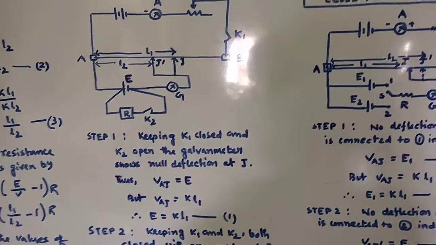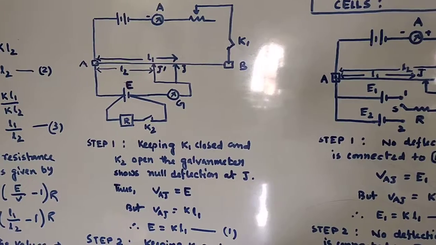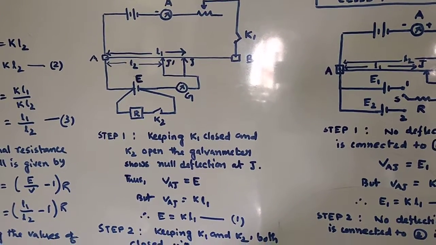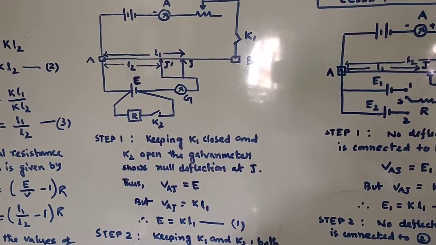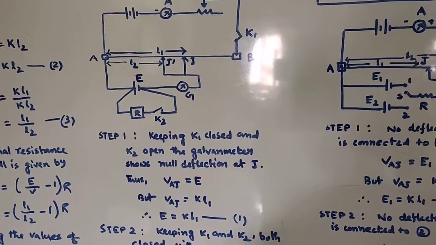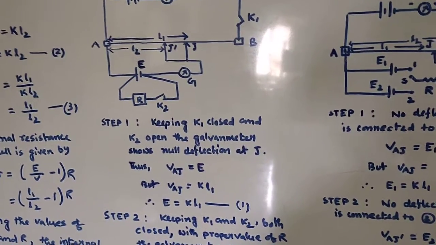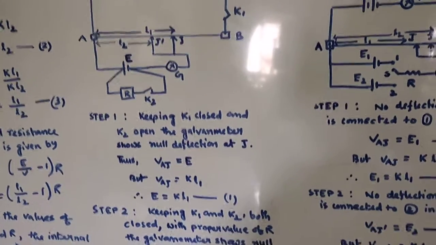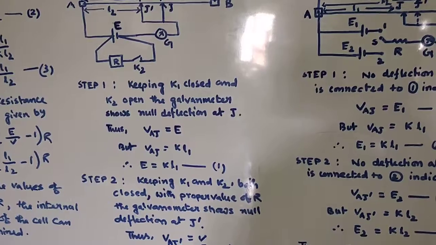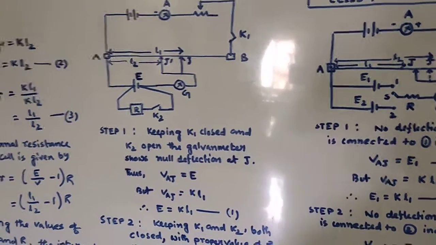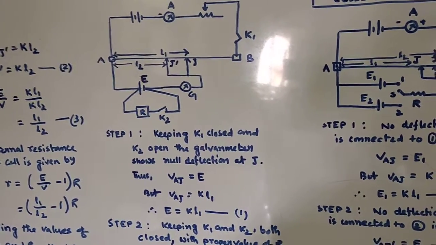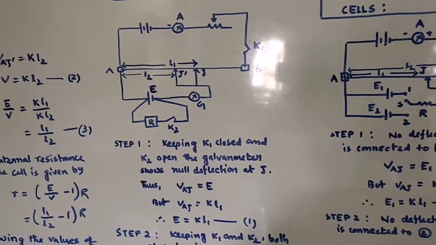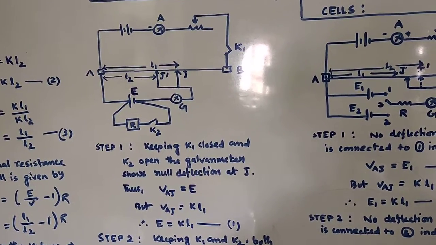Here we keep K1 and K2 both closed, and we take out a specific resistance capital R from the resistance box which we have connected across the cell E with the key K2. Again we get a null point, that is at J'. Under this condition it is no longer the EMF of the cell, because we have closed key K2, so some energy is drawn from the cell; it is no longer EMF, rather it is the potential difference.